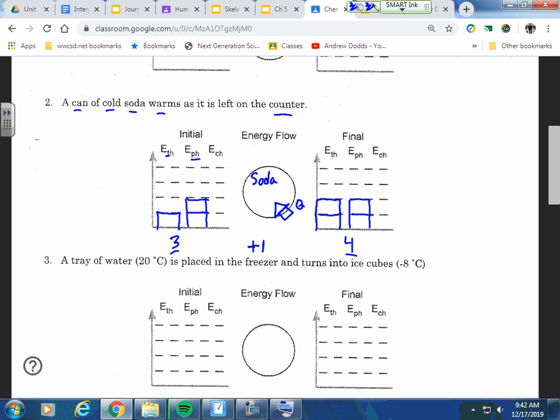All right, next thing we got to do, we got to talk about the particles. Let's talk about the arrangement. What's the arrangement going to do? It's going from liquid to liquid. If I said there's a small amount of change in the arrangement, what would you be likely to say?